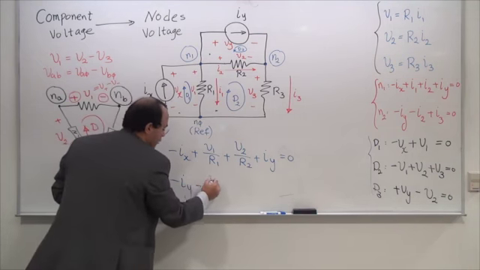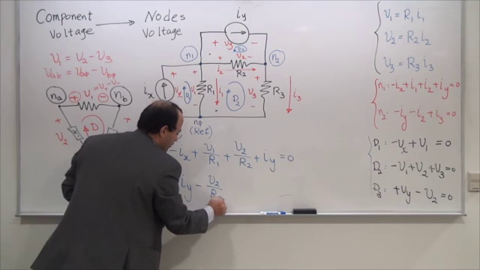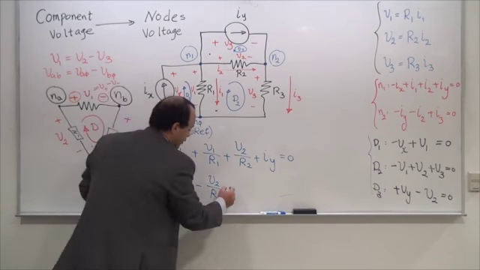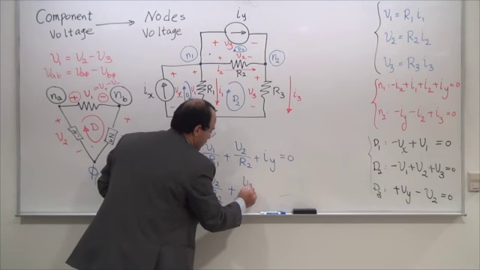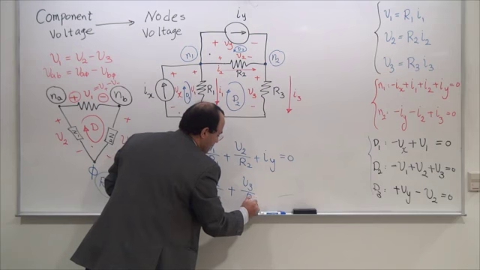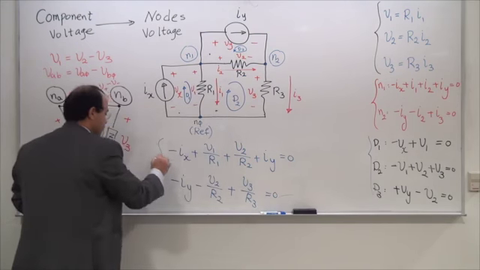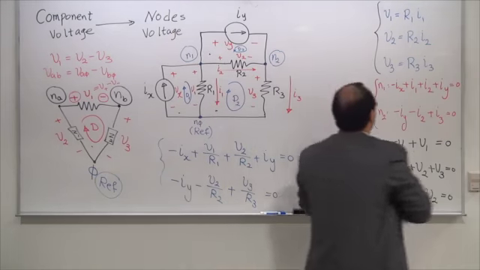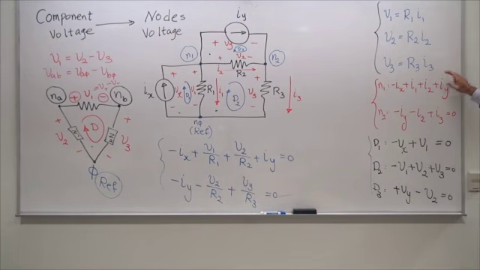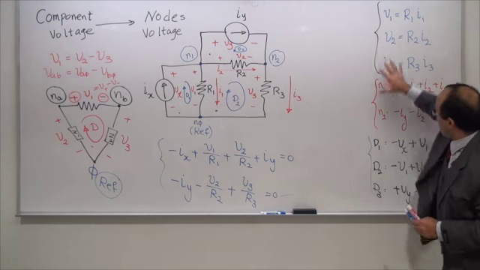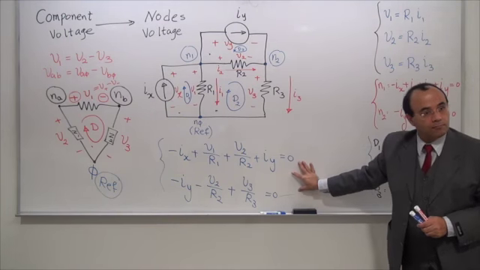I2 is going to be V2 divided by R2. I3 is going to be V3 divided by R3, as equal to 0. I put the component law into my KCL law. That's the shape. So I took care of 5 and reduced it to 2.